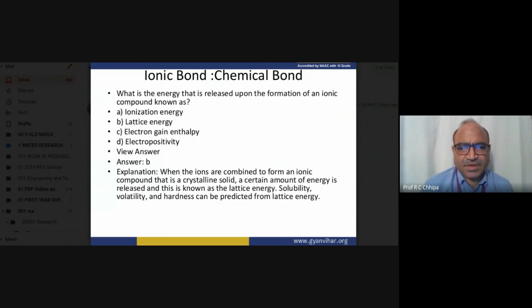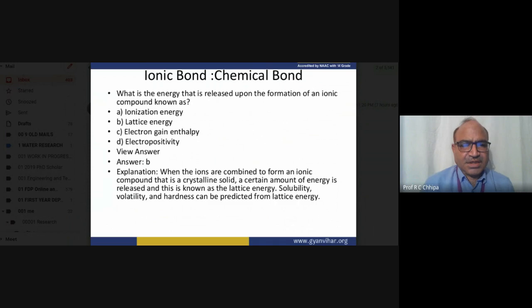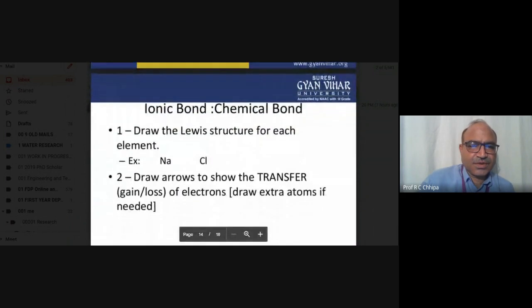Explanation: when ions combine to form an ionic compound, which is a crystalline solid, a certain amount of energy is released, and this is called the lattice energy. Properties such as solubility, volatility, and hardness can be predicted from it. Solidity as well as hardness appears, and volatility and solubility are also important.